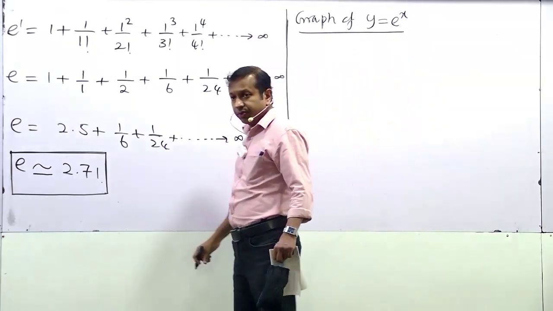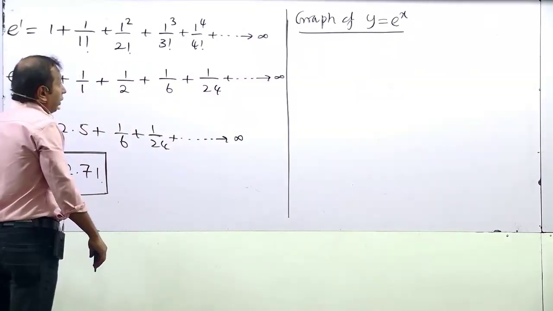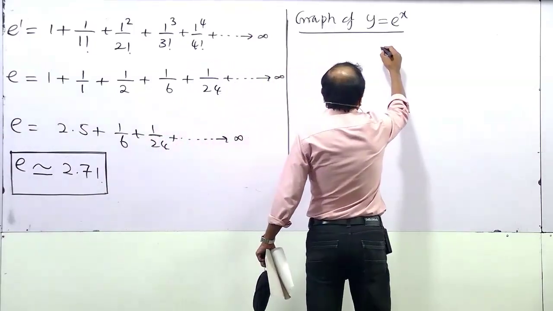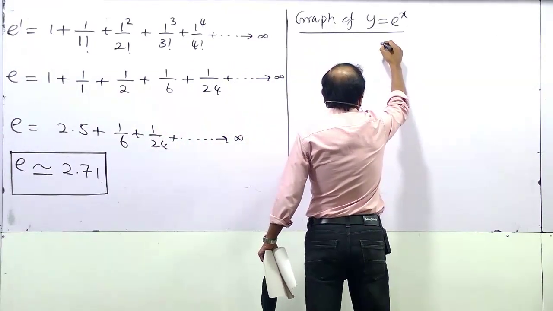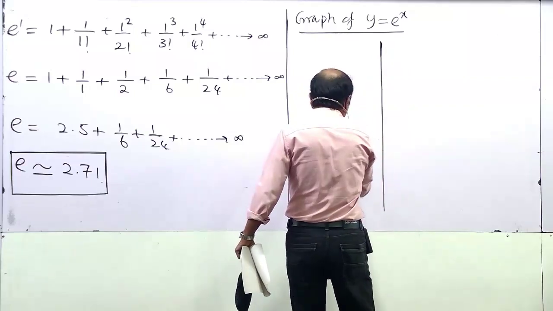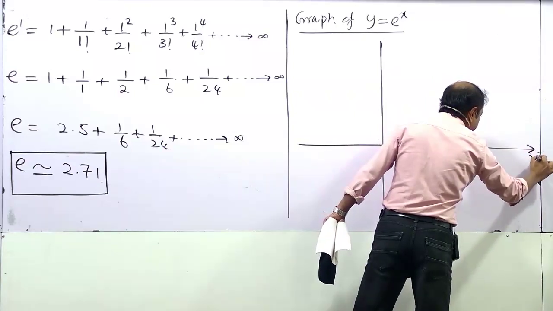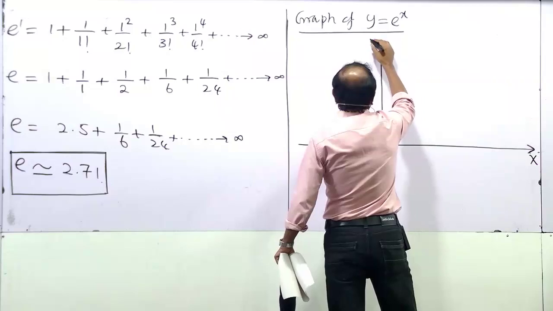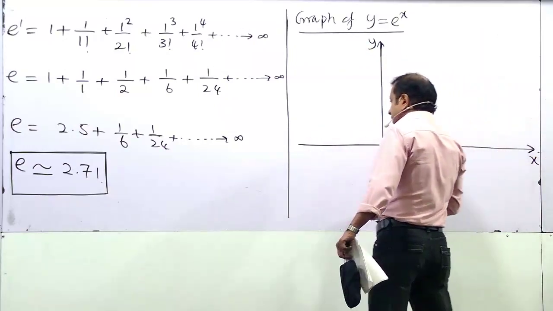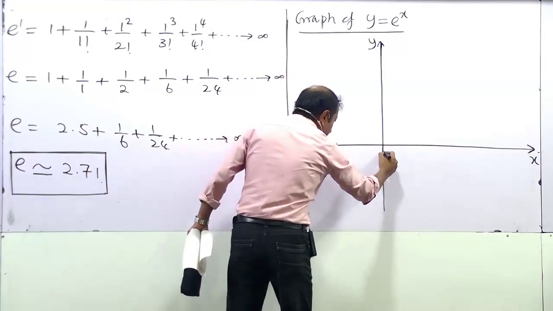We draw the graph of y equals e^x like this, on this xy plane. This is the x-axis. This is the y-axis. This is the negative x-axis. This is the negative y-axis.